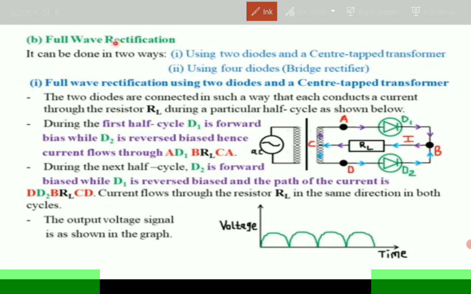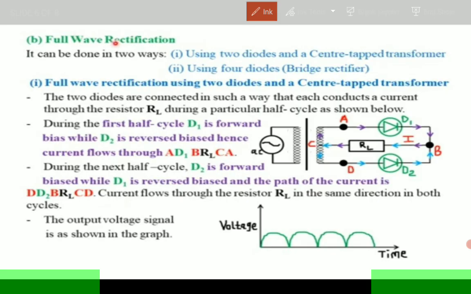So please know the full-wave rectification using a center-tapped transformer and two diodes, and its advantage over half-wave rectification, where only a single diode is used.